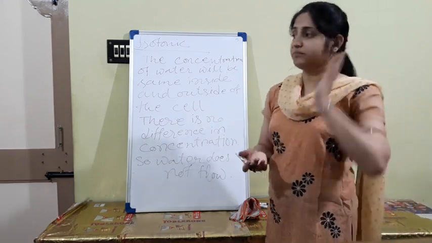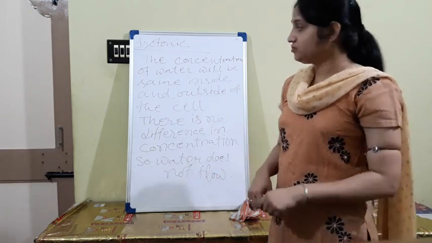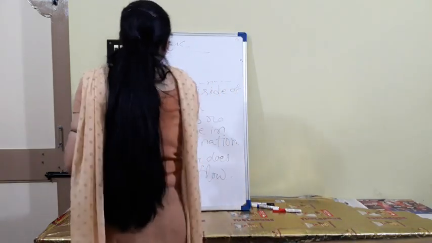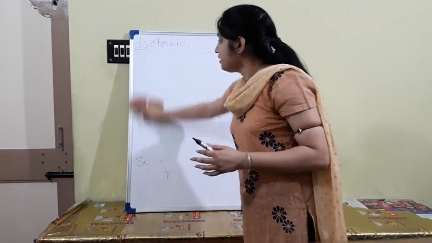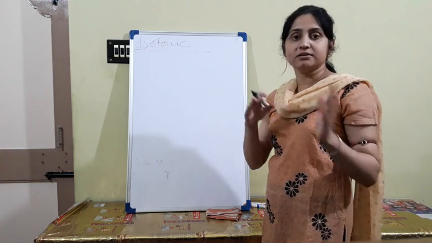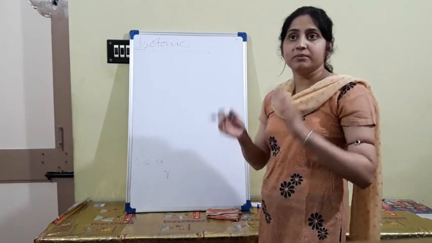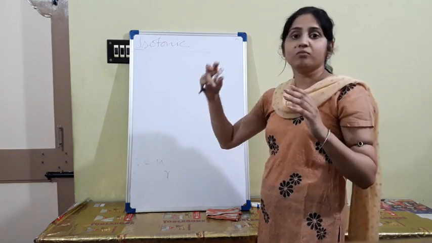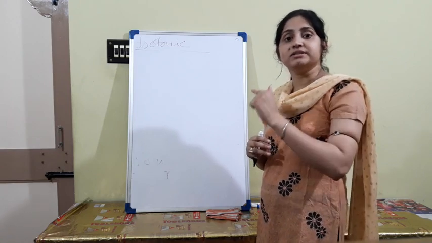If there is no difference, there will be no flowing of the water. Actually there is flowing of the water, but in the same amount. When there is a difference in concentration, water goes inside or outside the cell from the higher concentration region to the lower concentration region. But in the case of isotonic, there is the same concentration, so the same amount of water comes out from the cell and the same amount goes inside the cell.